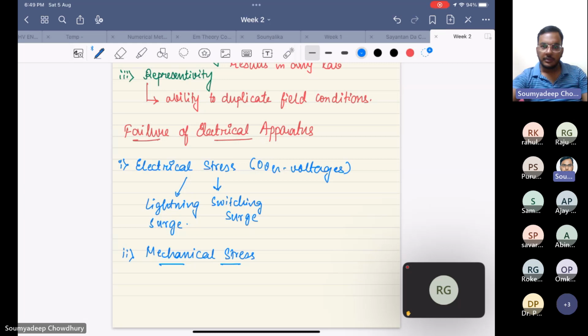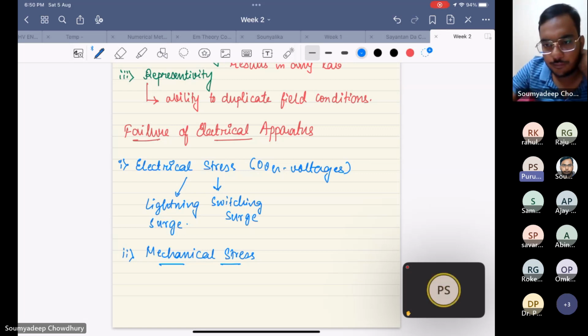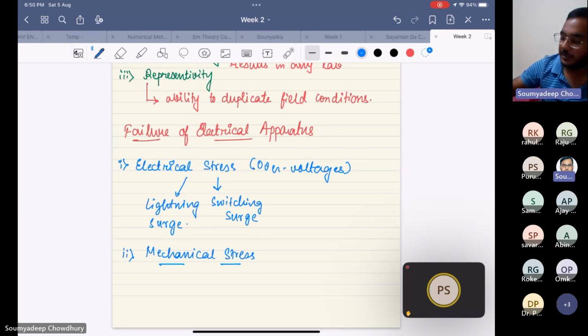I think someone has raised the hand. Yes, Mr. Purushottam. Sir, my doubt is, why actually one term is called type test? The type test is different from these tests, sir. No, I'll be discussing all these things. There are different categories of high voltage tests.